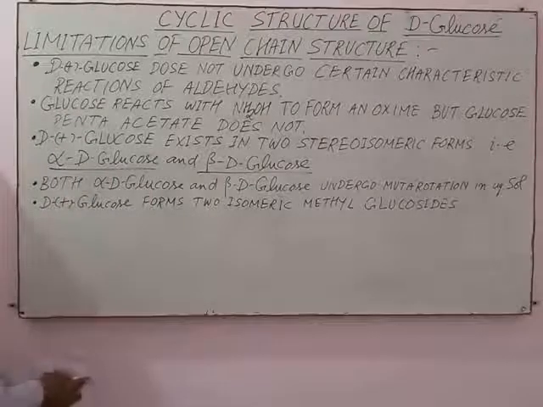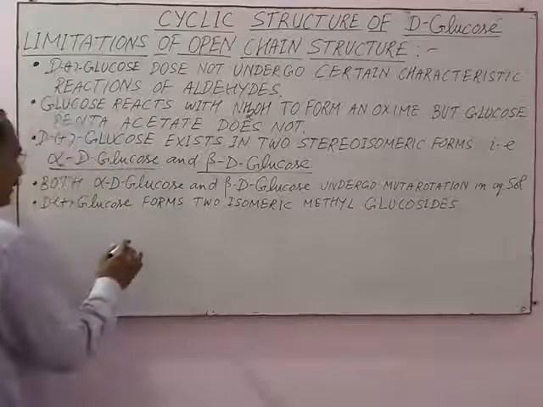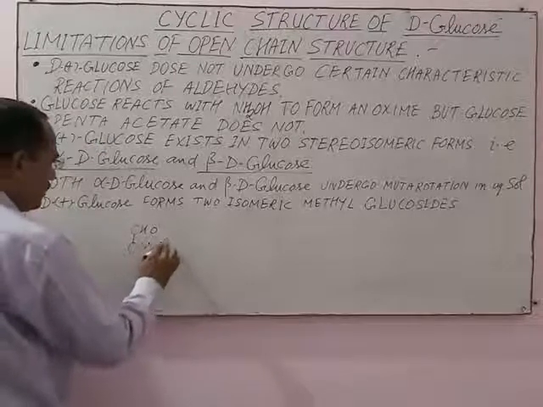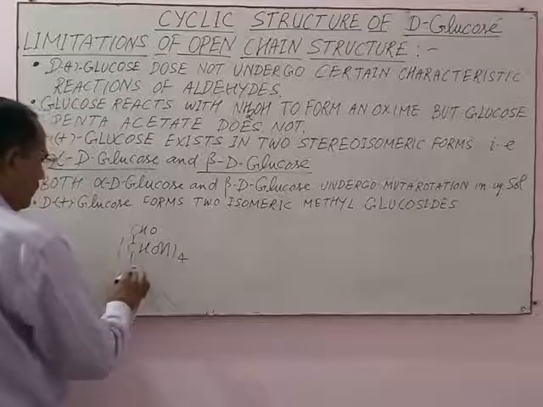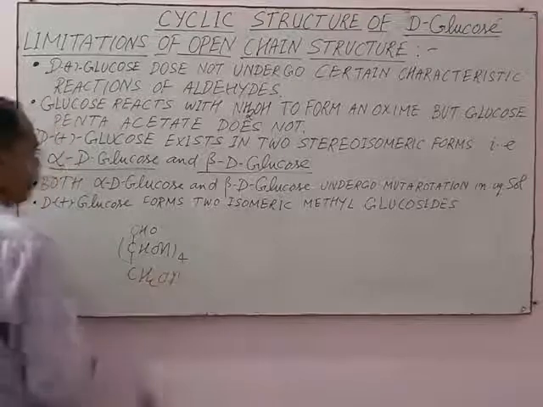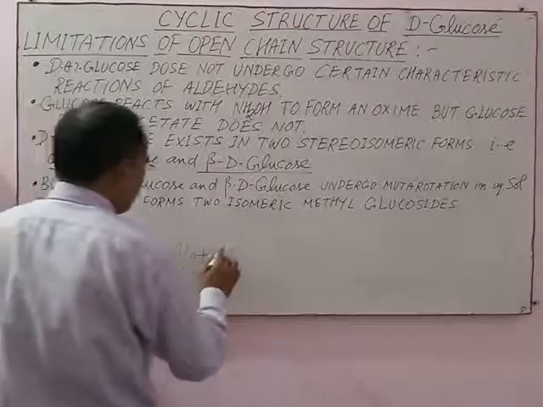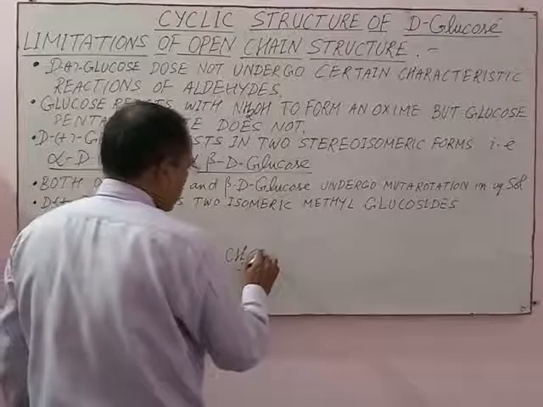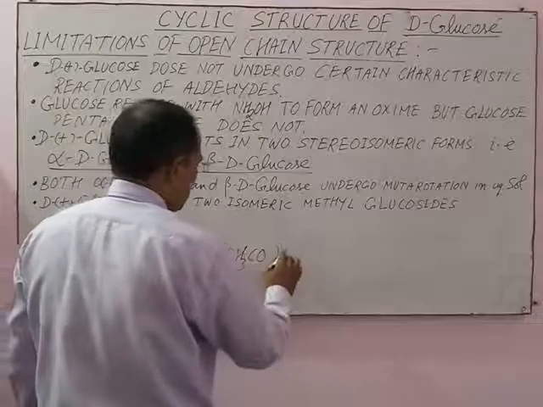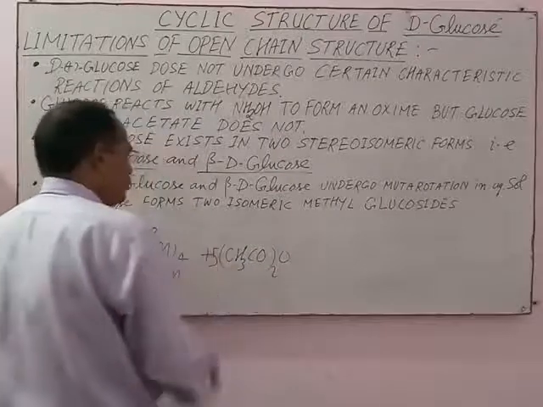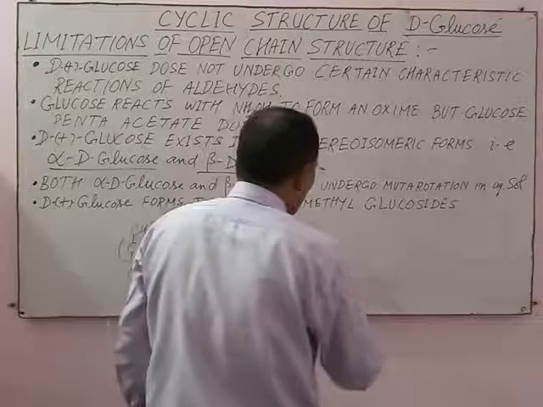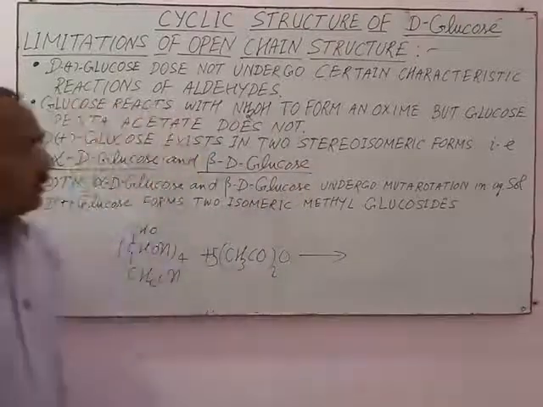When glucose is treated with five molecules of acetic anhydride, it gives glucose pentaacetate.